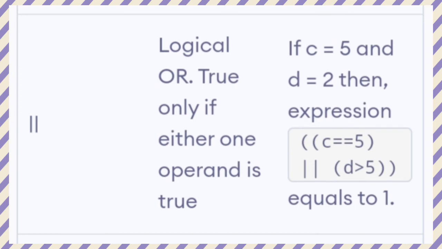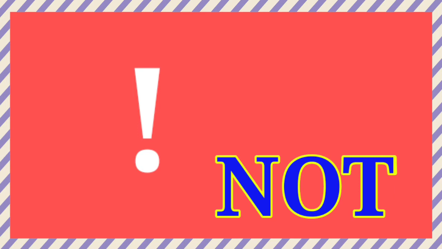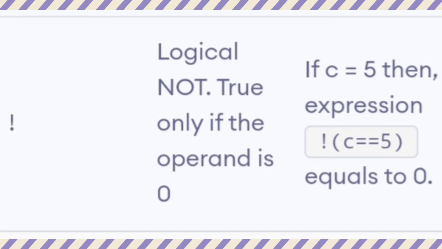If you know the truth tables that you have learned in discrete mathematics or computer science, you will learn how AND, OR and NOT work. NOT is represented by an exclamation mark, and the logical NOT is true only if the operand is 0.